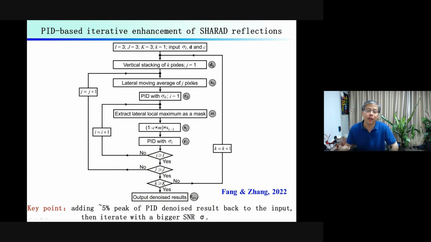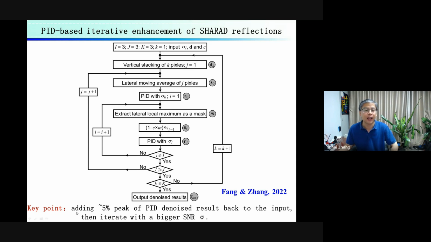After that, we perform another round of iteration using a new, better noise level estimation. By this method, if we iterate 3 or 5 times, we can obtain the final result.